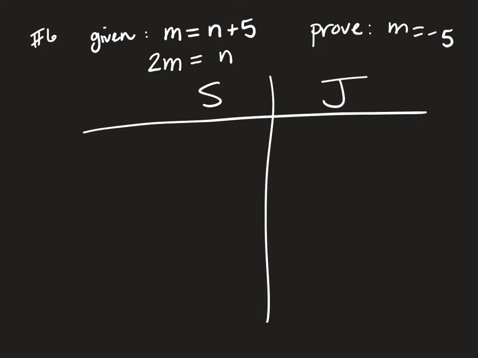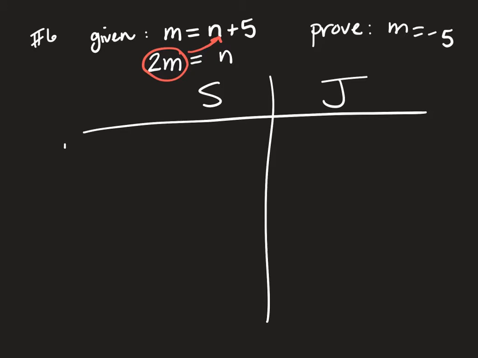So we need to get an equation that just has the letter m in it. Right, so how can we do that? Right, so we can substitute this 2m in right here because it's equal to n.